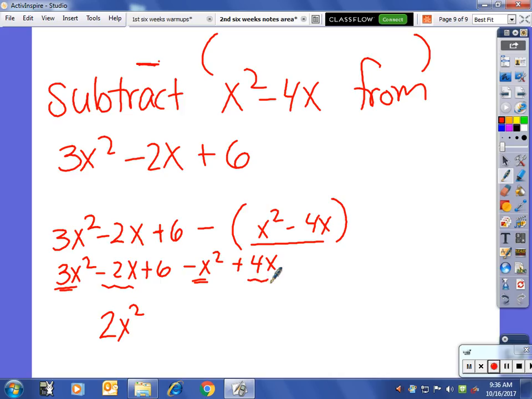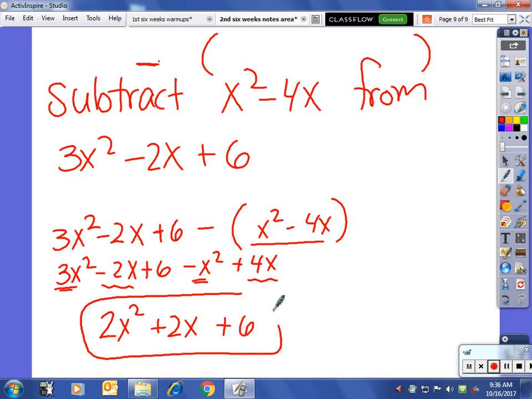A negative 2x and a positive 4x make a plus 2x. And then what? Plus 6. And again, the order doesn't really matter, but I like you to put it in order from highest exponent down to lowest. This would be like perimeter if this had some kind of figure. But this is when you're just adding or subtracting like terms.